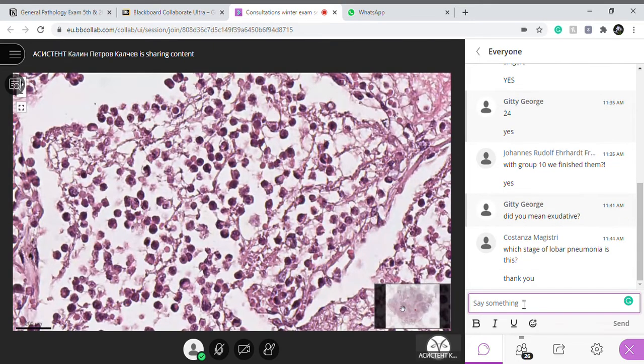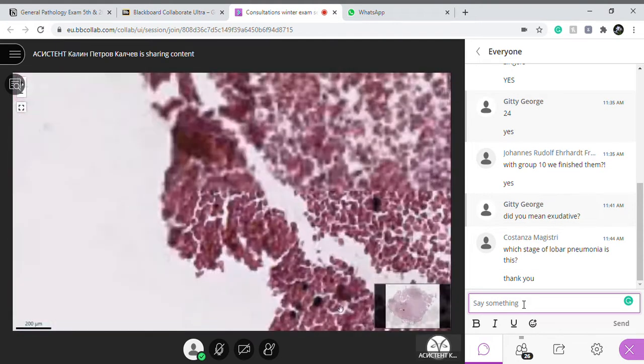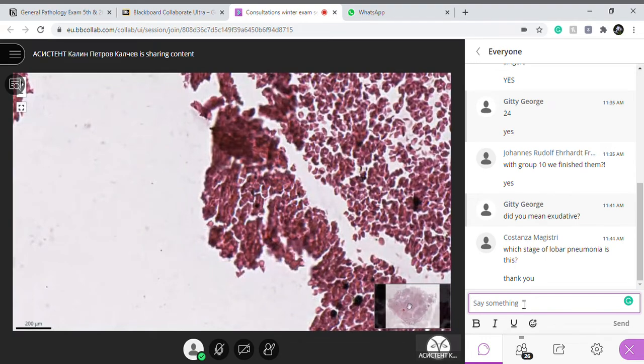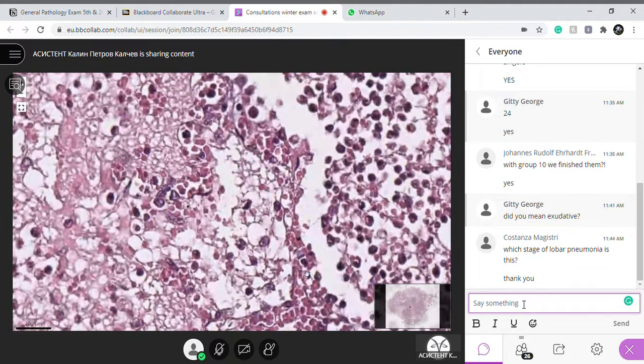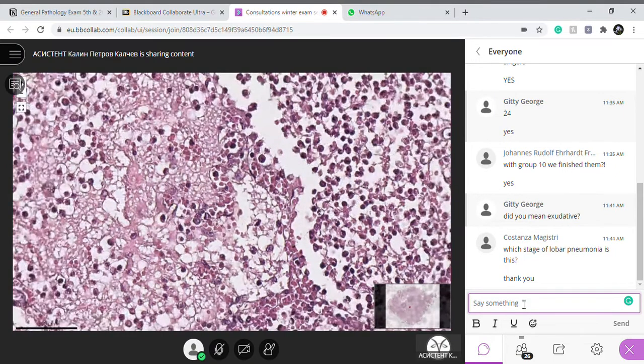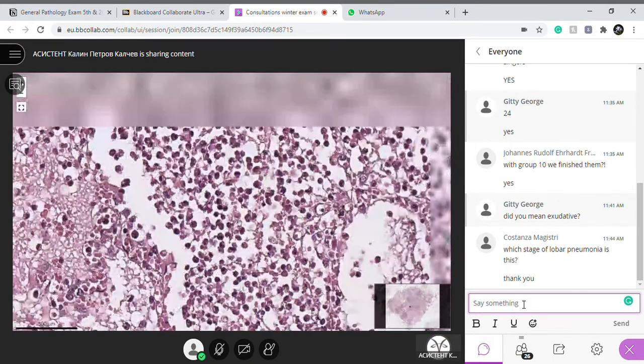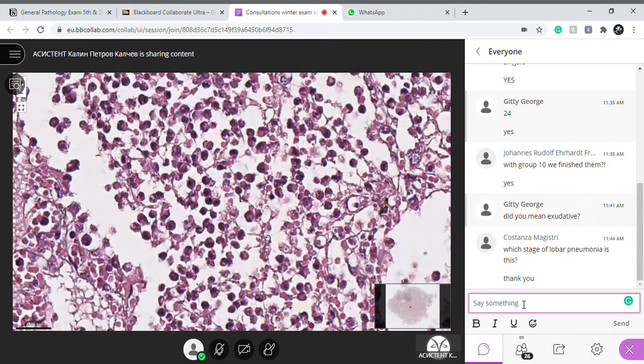But in other locations, for example in this area, we see that the red blood cells are a little bit more. So maybe we have a transition here between the red and gray hepatization. You know that in croupous pneumonia, we have 4 stages.